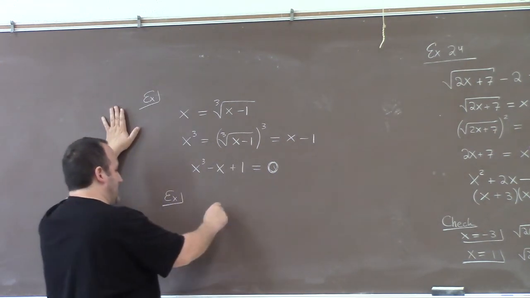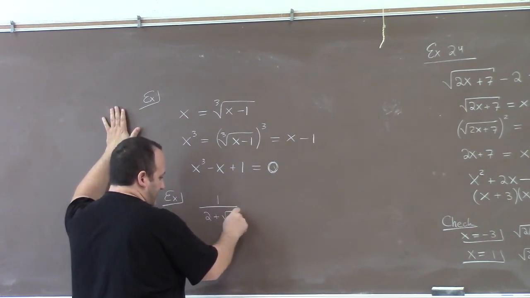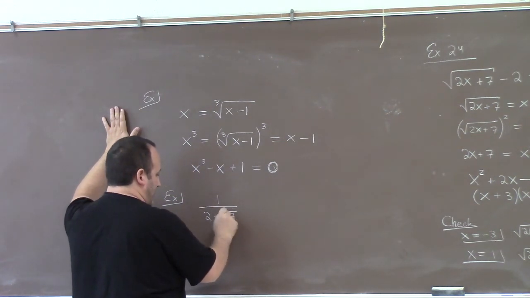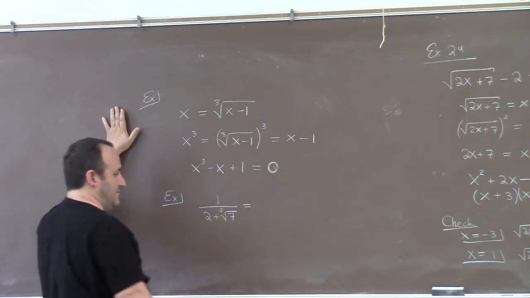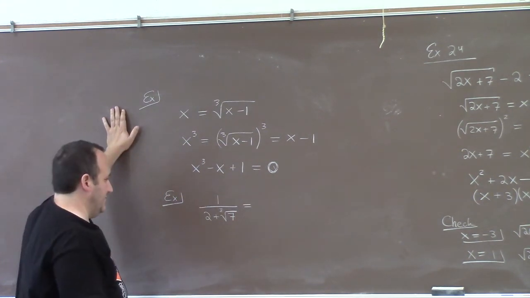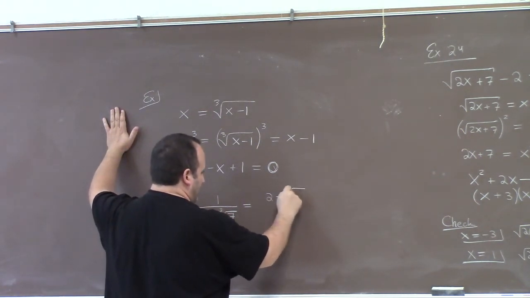The other thing you might wonder is, why don't we ask questions like this? What if you had the cube root of 7 and you wanted to rationalize this denominator? How would that work? Could we just do 2 minus the cube root?